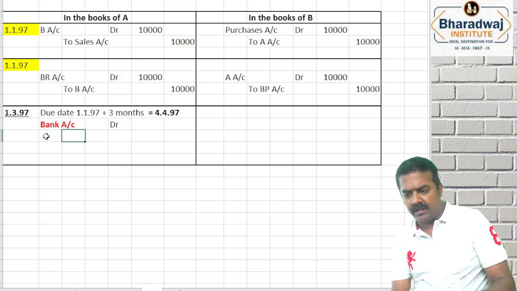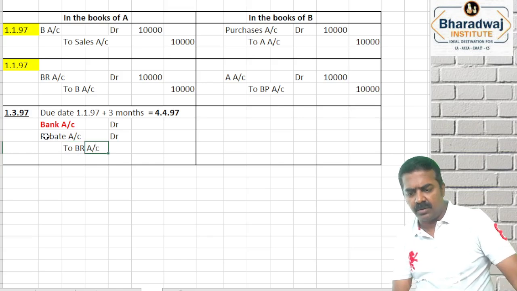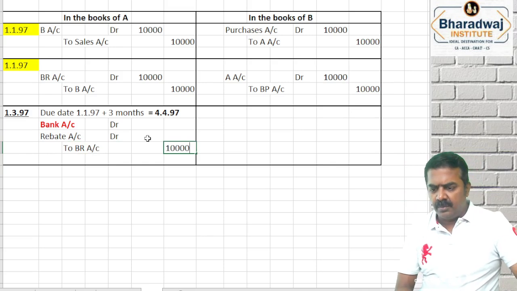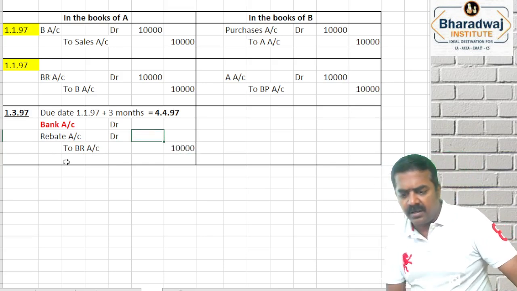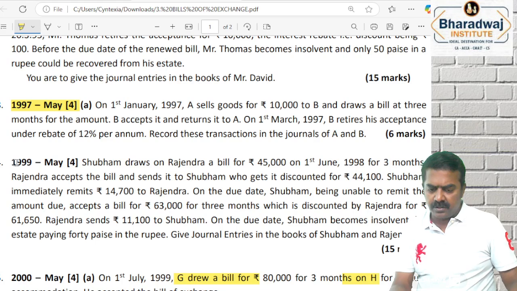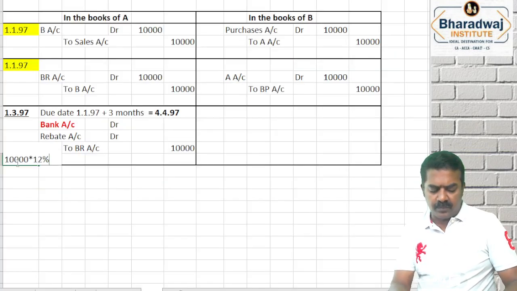Bank account debit or cash account debit, rebate account debit, to bills receivable account. The rebate will be how much? 10,000 into what percentage? 12% for 1 month.